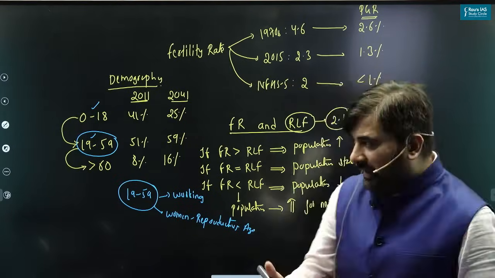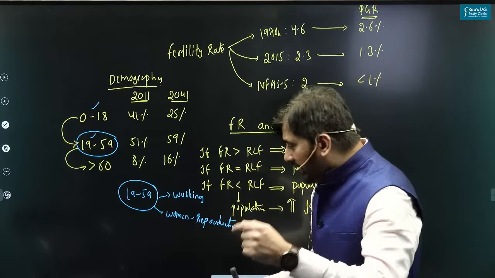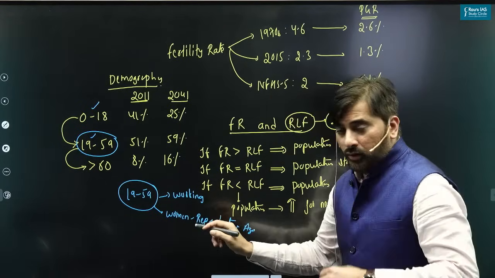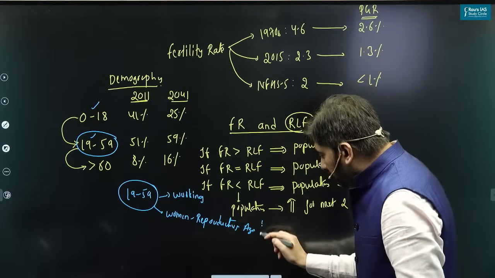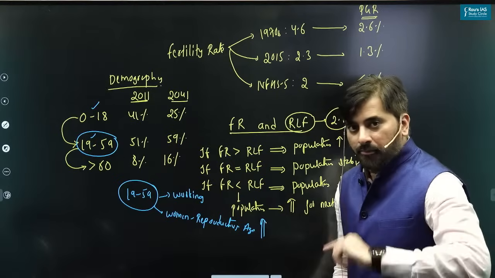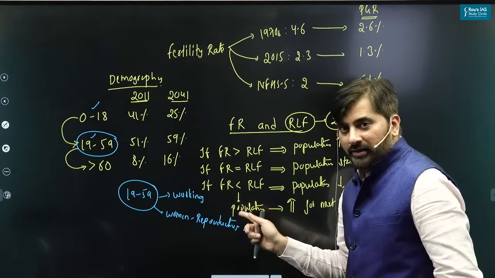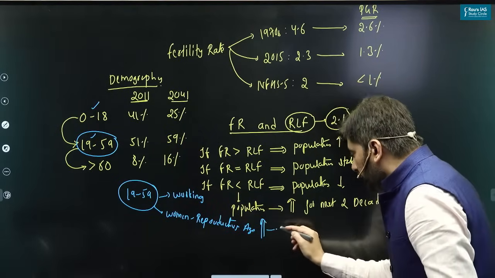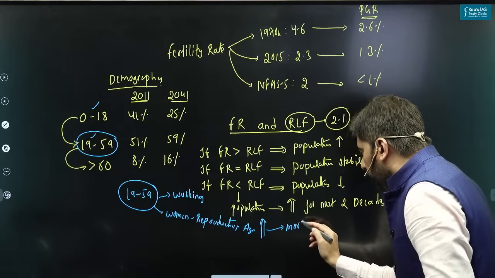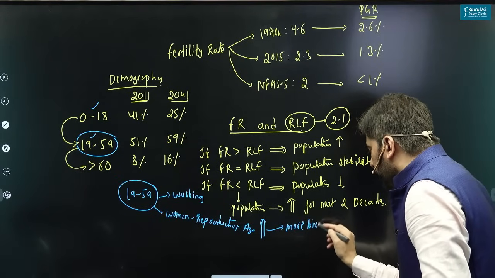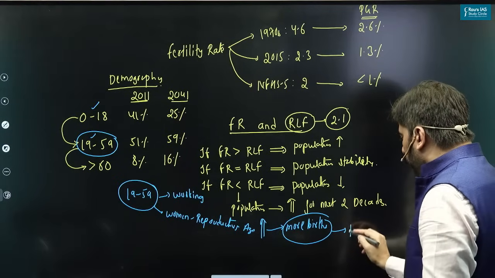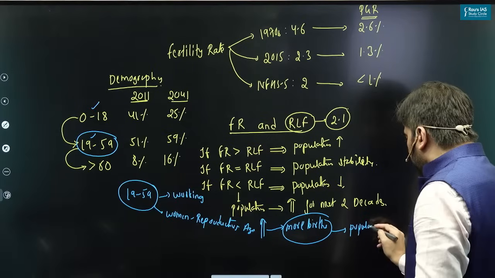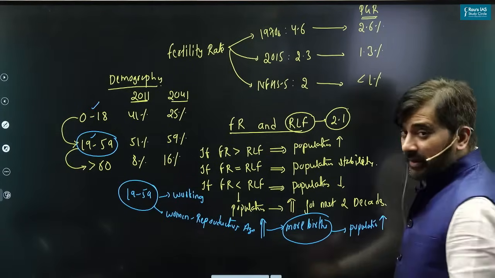Now it is being said that in the next 2 decades, we will have more number of women in the reproductive age group. Because we'll have more number of women in the reproductive age group, these women will give more births to children.